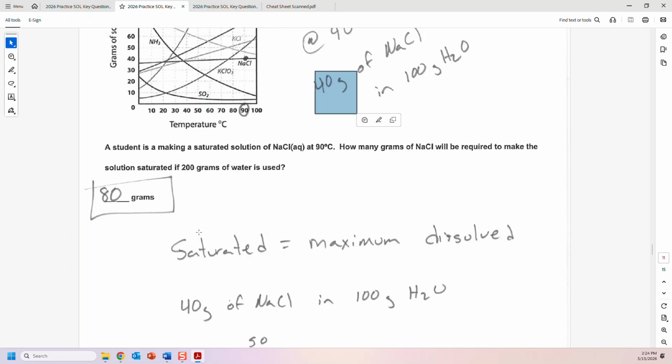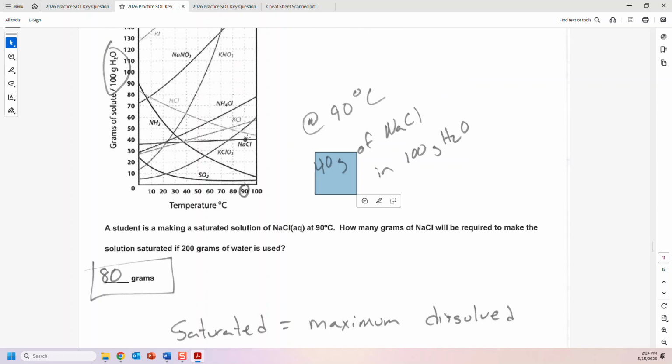If you see a term like, I doubt you will, but if you see supersaturated, that means you've dissolved more than what is usually allowed. So if I'm at 90 degrees and I dissolved 60 grams of sodium chloride in 100 grams of water, then that would be supersaturated. And then if you're below the line, you're unsaturated. You're not saturated yet. Saturated is the maximum that can dissolve.